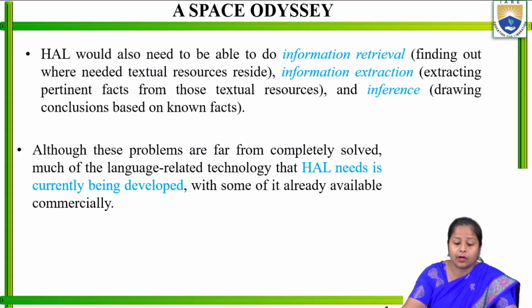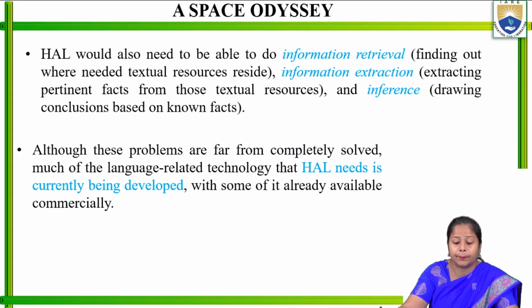HAL would also need to be able to do information retrieval in some form, because it has to find where the needed text is. Information extraction was also needed, extracting the pertinent facts from different textual resources.